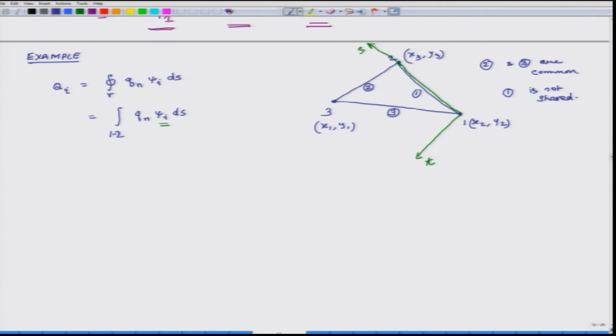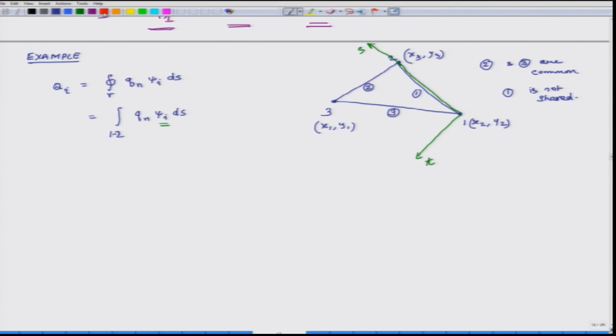So, I know all these coordinates, so I can calculate psi I. We just learnt it in the last 2 lectures. We can calculate psi I, but I also should know Qn. If I do not know Qn, I cannot calculate this integral. So, I have to know what is the value of Qn.